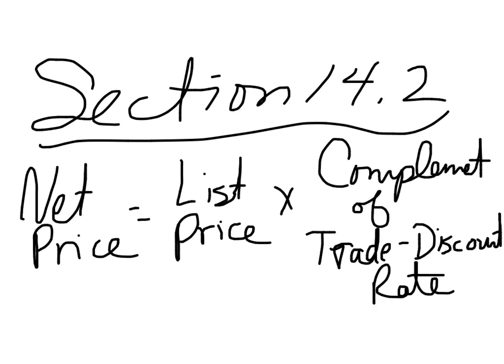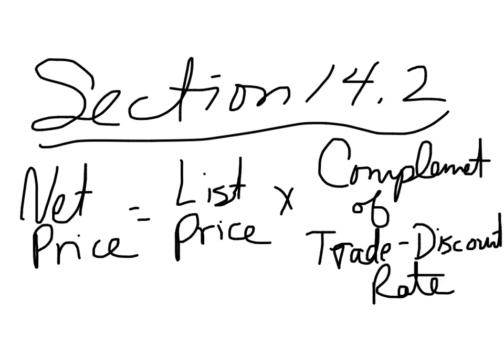And again, in order to get that complement, all you're going to do is take 100% minus whatever they are willing to pay. So if it says that the trade discount rate is 30%, then you are paying how much? 70%. Right.